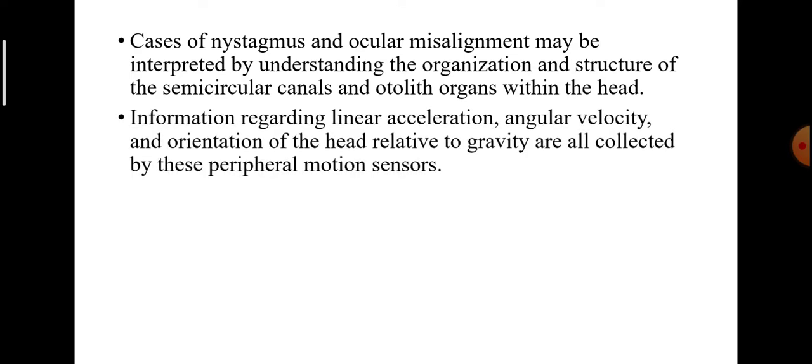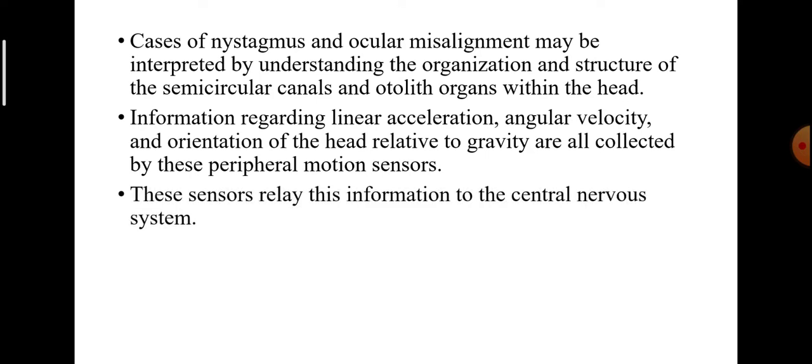Information regarding linear acceleration, angular velocity, and orientation of the head relative to gravity are all collected by these peripheral motion sensors, and all these happen in a split second.